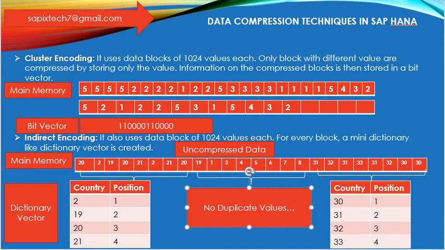It means no dictionary is needed here. So in indirect encoding, what happens is that for every data block a mini dictionary, like a dictionary vector, is created. So guys, I think you have understood what a dictionary vector is and how it is created for these values.